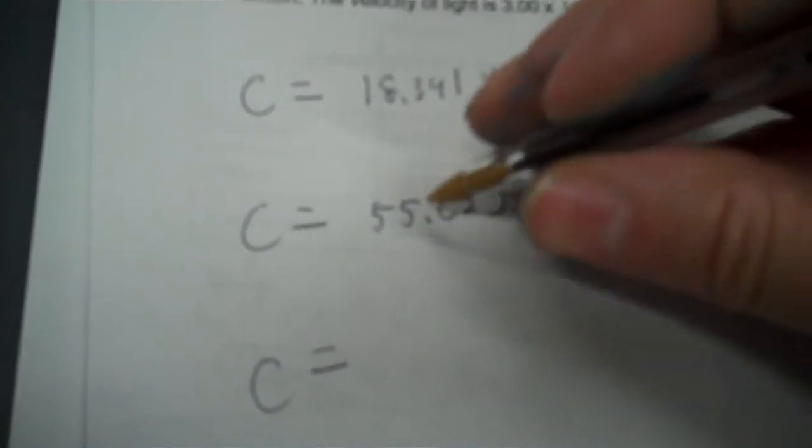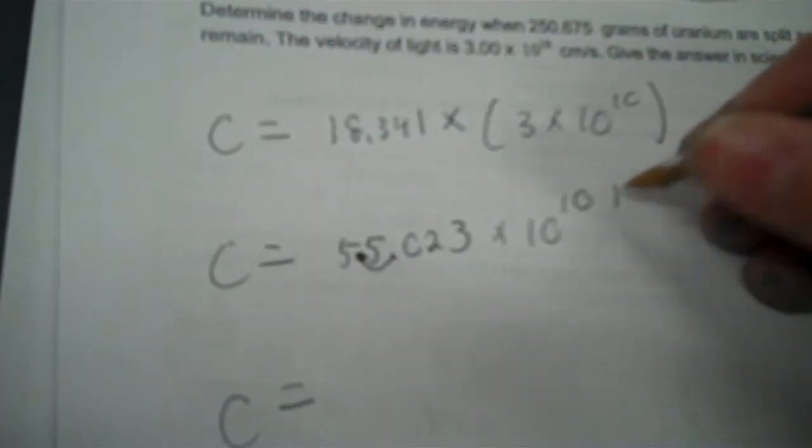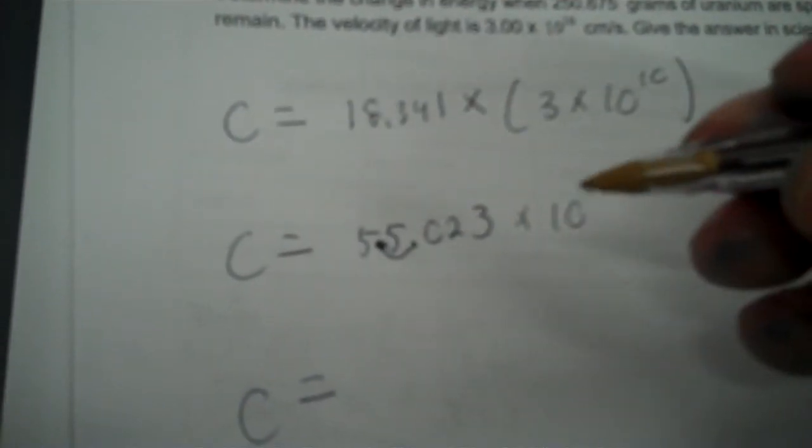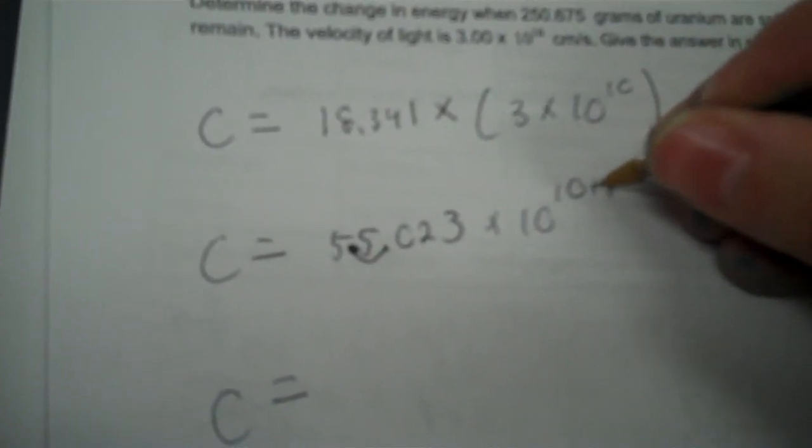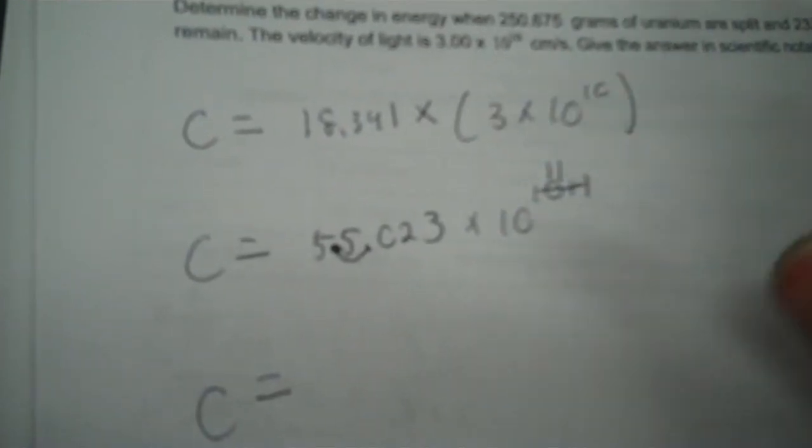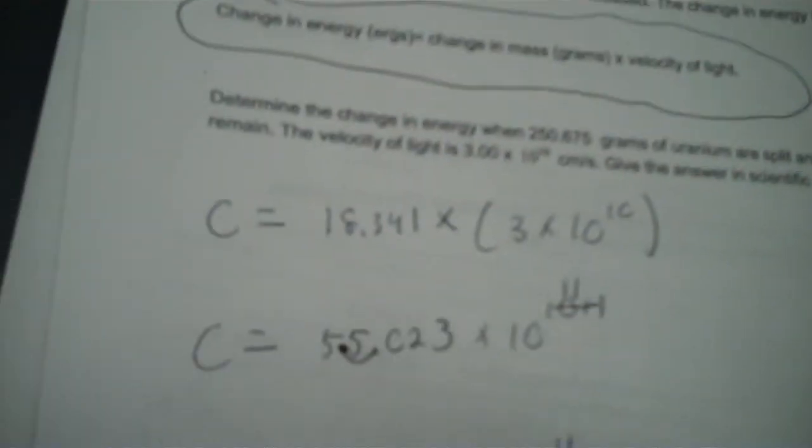If they have to give the answer in scientific notation, you need to adjust the decimal. Remember, you can only have one digit before the decimal, so you're going to move it right there. You just moved it one place, and you moved it to the left, okay? So you're going to add 1, and that's to the 11th power. So 5.5023 times 10 to the 11th, and if it doesn't say how many digits have to come after the decimal, you're just going to automatically choose 4, okay, is good.